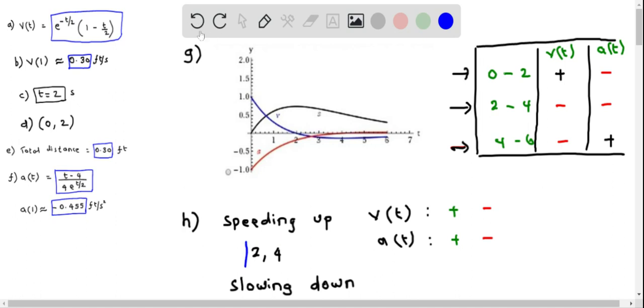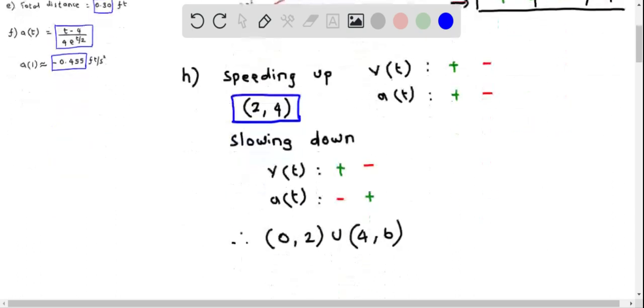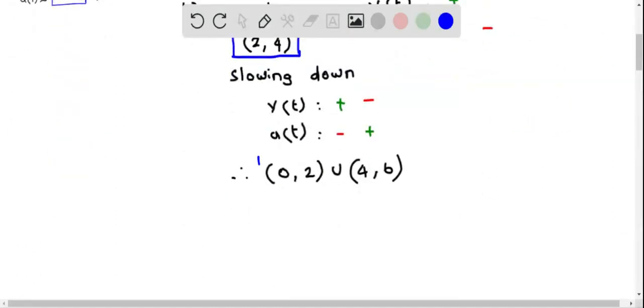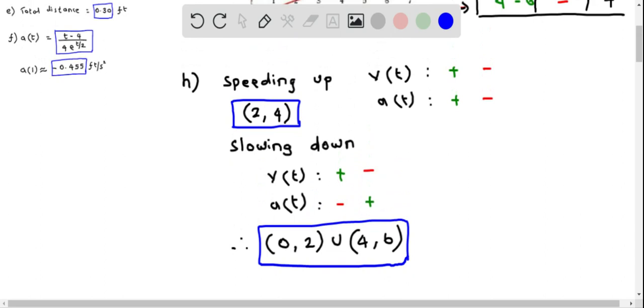We write this in interval notation. So these are the intervals where the particle speeds up and slows down.